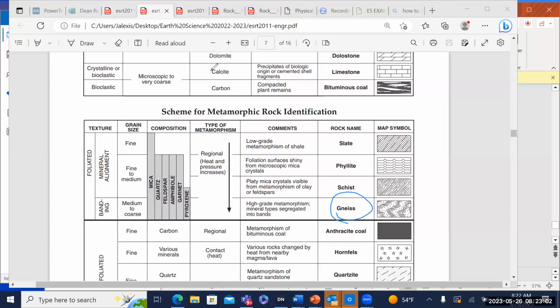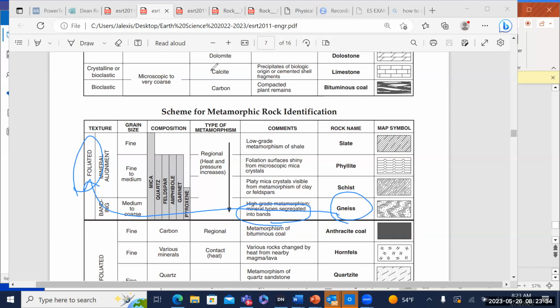Some people wrote mineral type segregated into bands. If you wrote that, that would also be accepted. We also know that gneiss is foliated, so if you wrote foliated, that would be acceptable too for number 16.